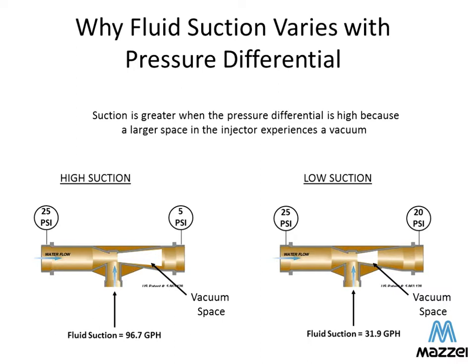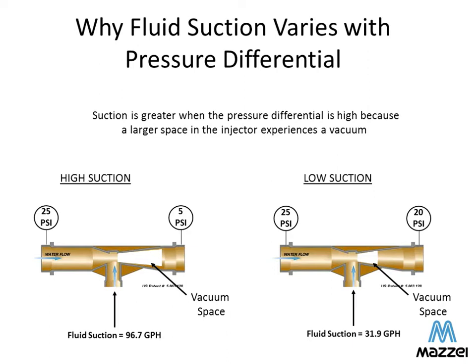Now, as pressure differential increases, so does your suction capacity. There is a point, though, where you reach a maximum suction capacity. So no matter how much more pressure differential you give the injector, if it has reached its maximum suction capacity, it's reached its maximum suction capacity.